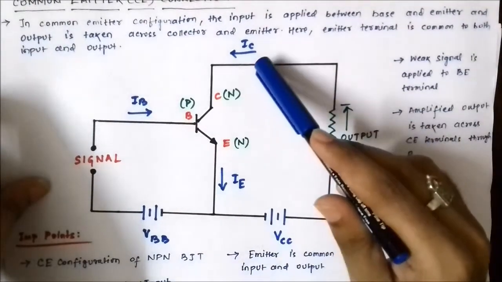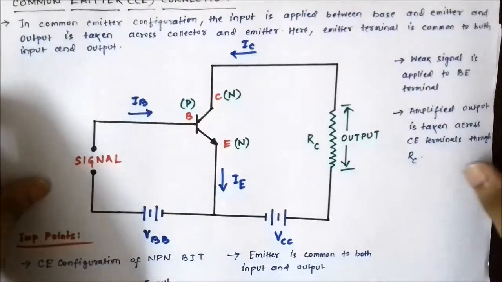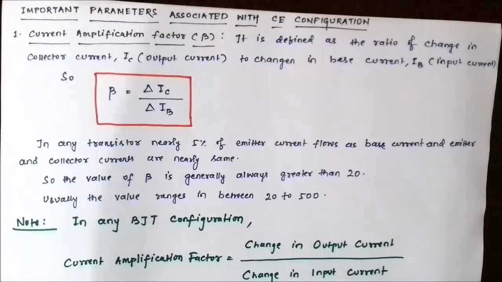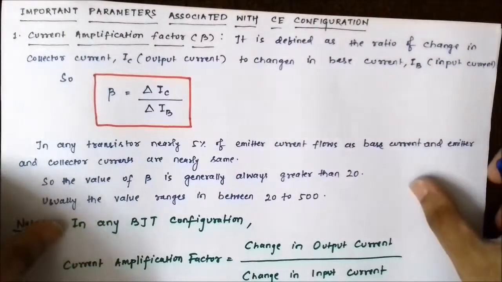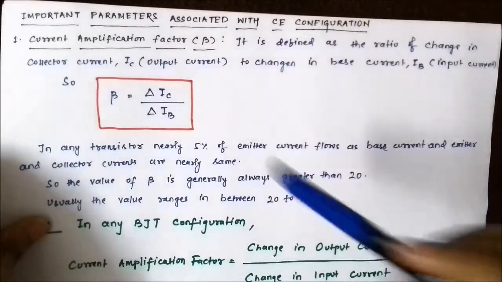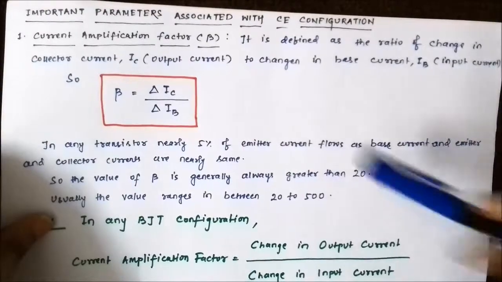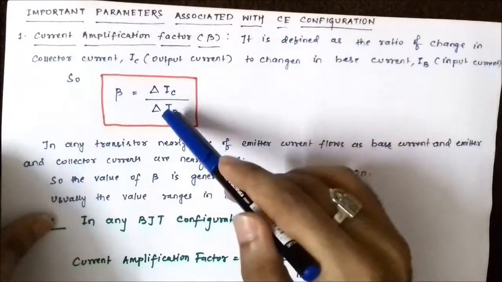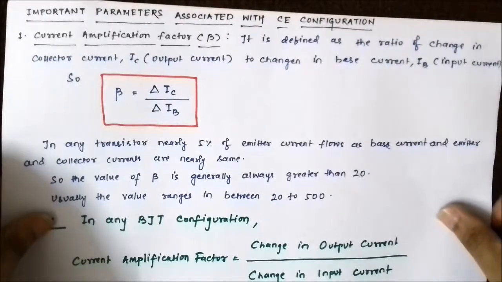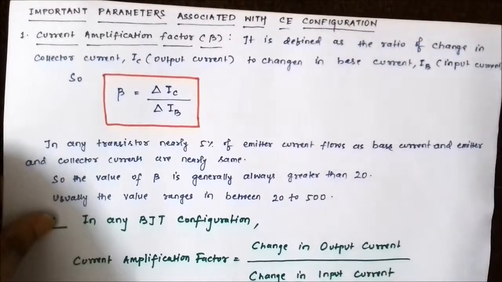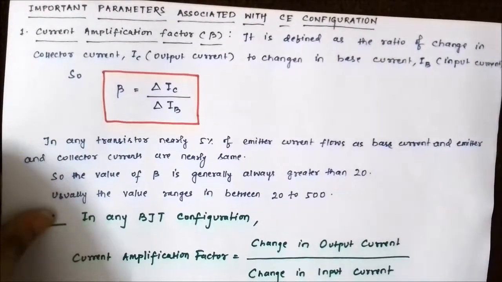IC is the output current, IB is the input current. So the current amplification factor will be the ratio between a small change in collector current to a small change in base current. That is, small change in output current to small change in input current. So this is the current amplification factor, beta, for common emitter configuration.